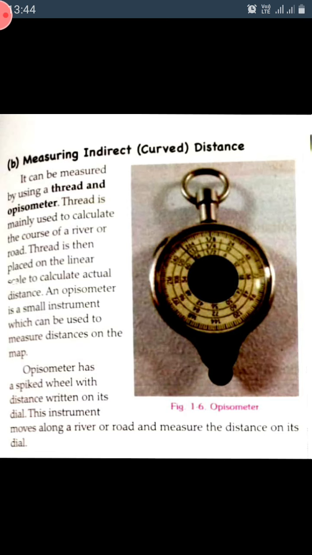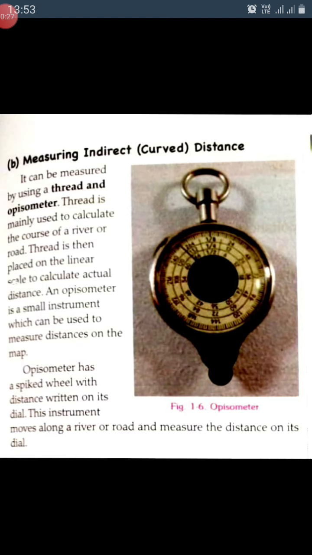For example, if 1 centimeter on the scale is equal to 5 kilometer on the ground, then if the thread is of 5 centimeter, then it will be 25 kilometer from one place to another place.